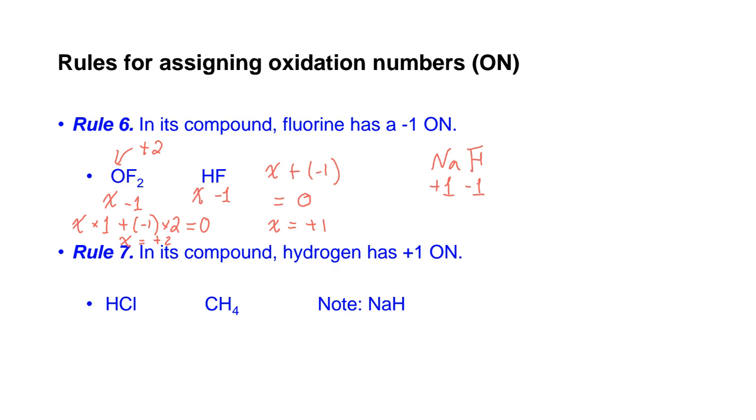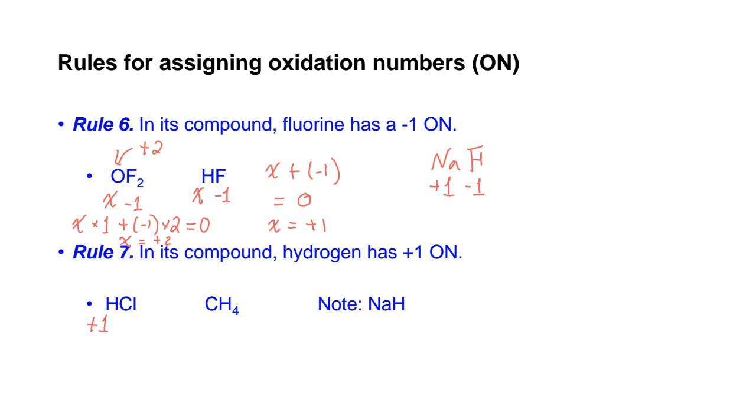Rule number 7 says that hydrogen has a +1 oxidation number in its compounds. Let's try to figure out the oxidation numbers in these cases. We have the hydrogen chloride molecule, and hydrogen has a +1 oxidation number.